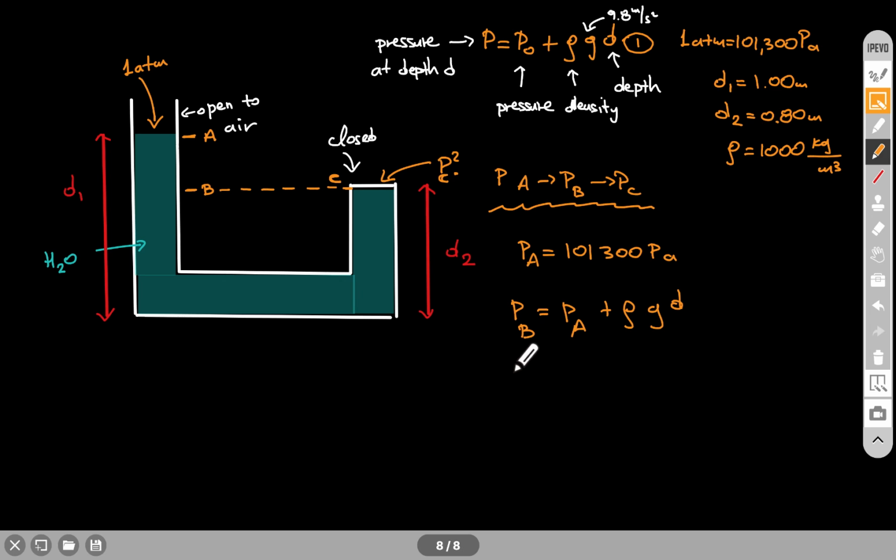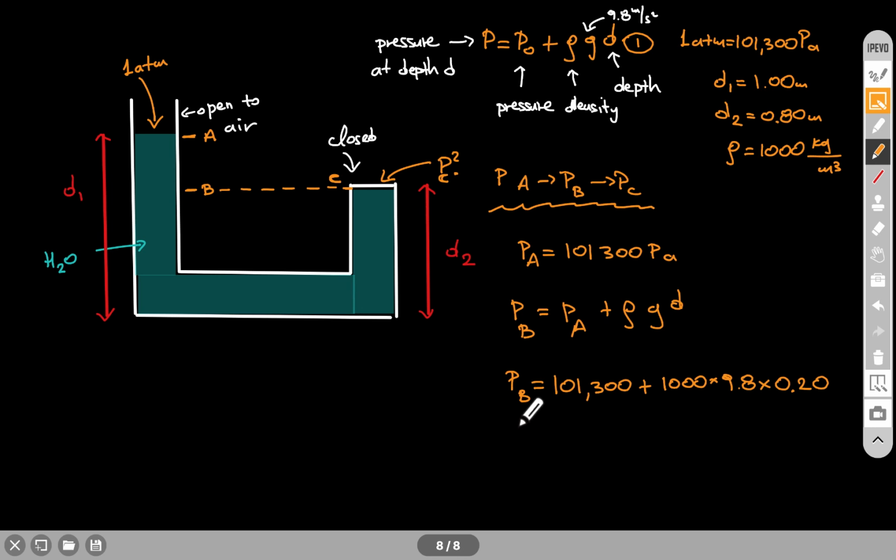Since we're looking for the pressure at B, I'm going to start using the numbers. The pressure at A is 101,300. The density of water is 1000. G is 9.8. And then for the depth, I'm going from A to B. That means I have 1 meter and 80 centimeters, so the depth is 20 centimeters.